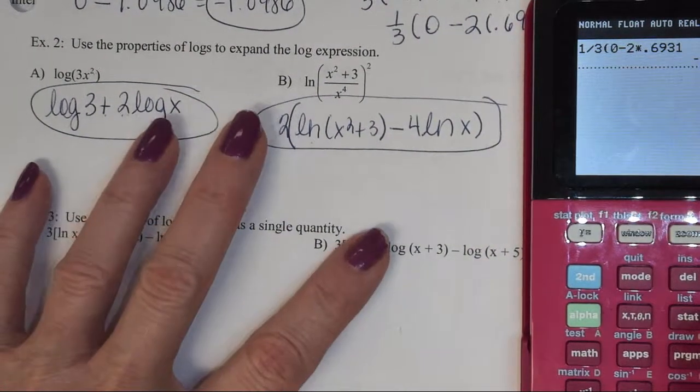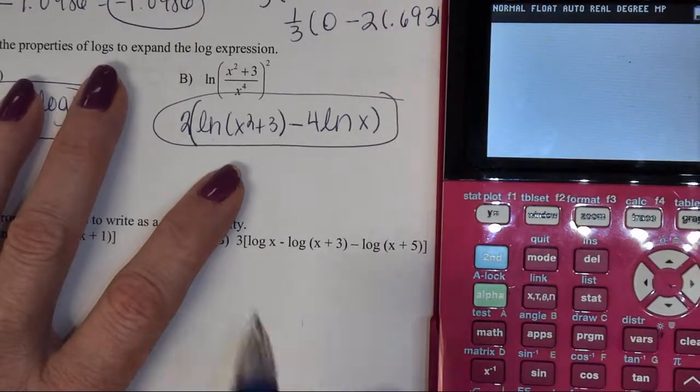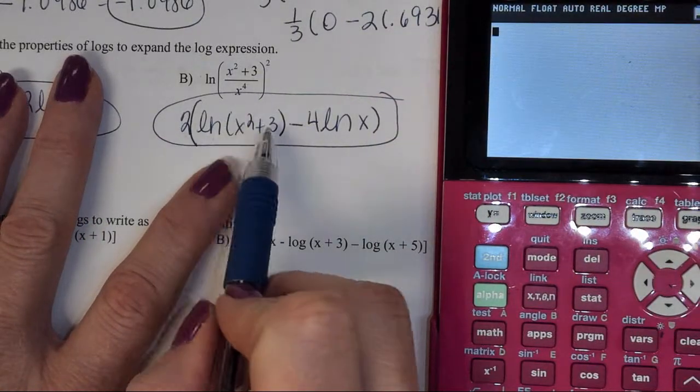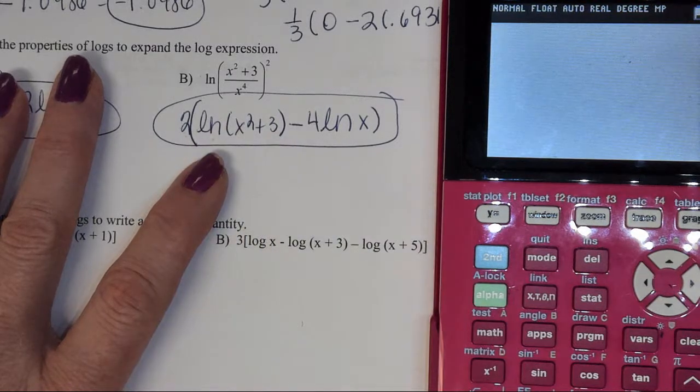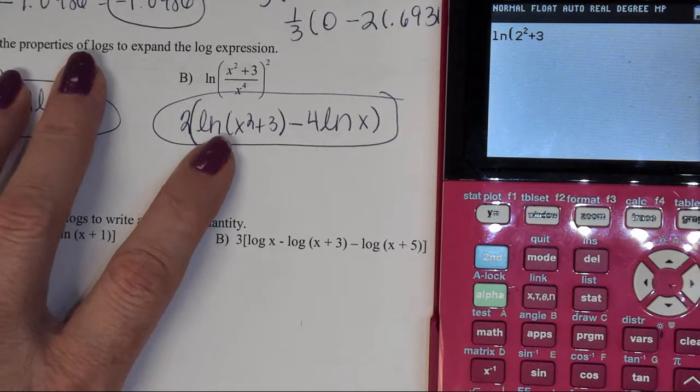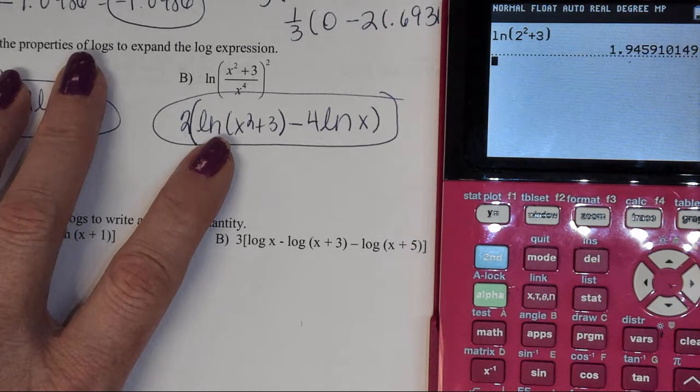Guys, don't do this. I'll tell you a common thing people do. They think they can distribute through that natural log there. You can't do that. Here's what they would think they could do. They could do natural log, say we have 2 squared plus 3. We're just letting x equal 2. Okay, so that's the answer to that.